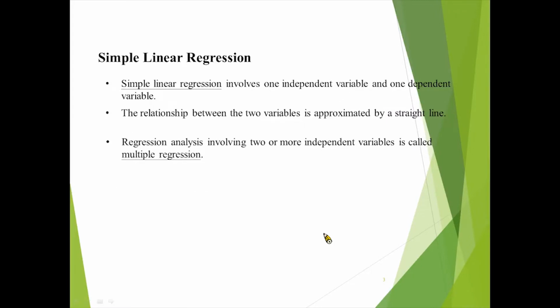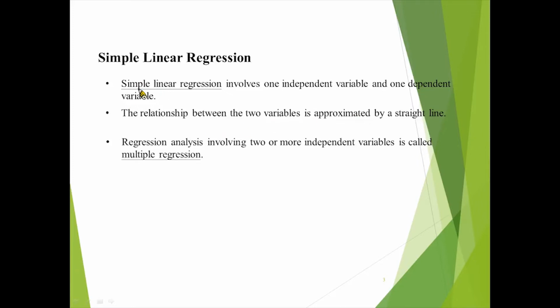Okay, let's go to the next slide. Simple linear regression involves one independent variable and one dependent variable, so we call it simple. We will also talk about multiple linear regression. Multiple means more than one independent variable, and sometimes more than one dependent variable.